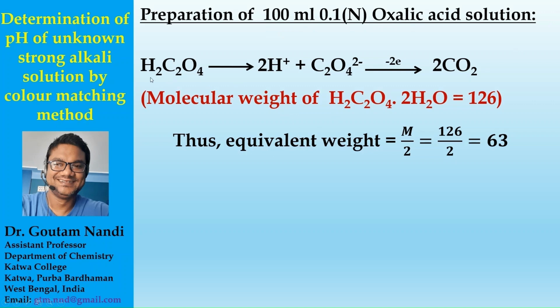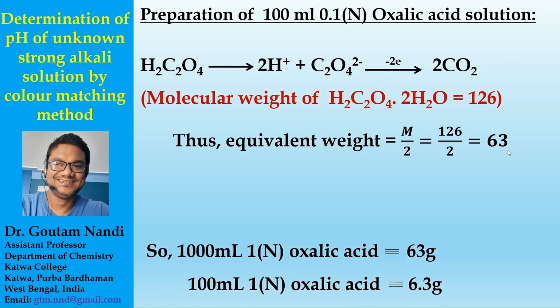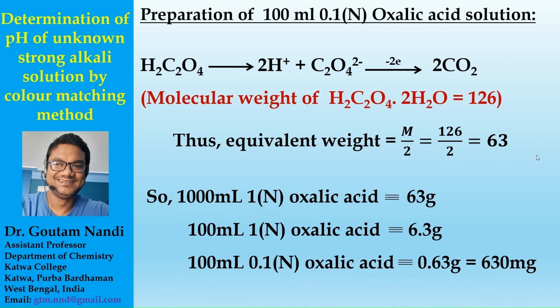because there are 2 replaceable hydrogens, and the commercially available oxalic acid has two molecules of water of crystallization. So the molecular weight is 126. That is, the equivalent weight of oxalic acid will be 63. So for 100 milliliter of 0.1 normal oxalic acid, we have to take 630 milligram of solid oxalic acid.